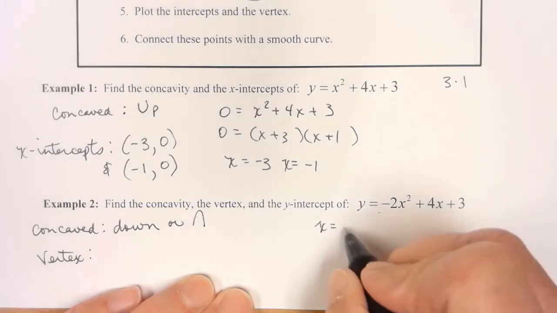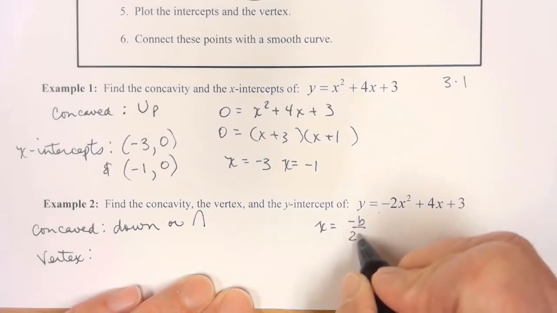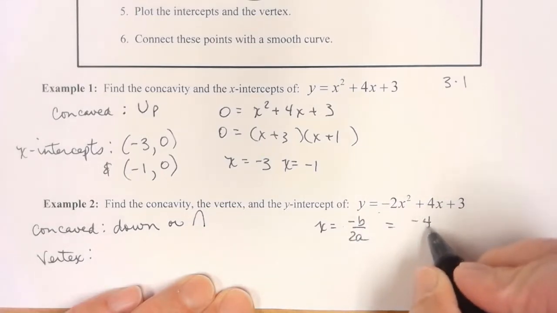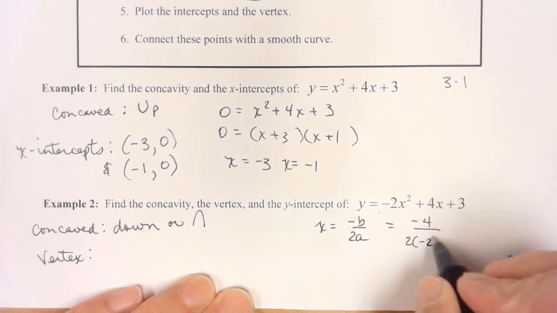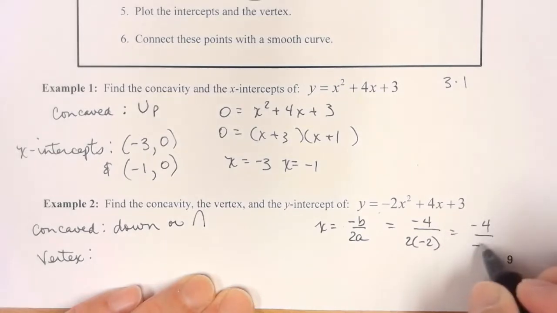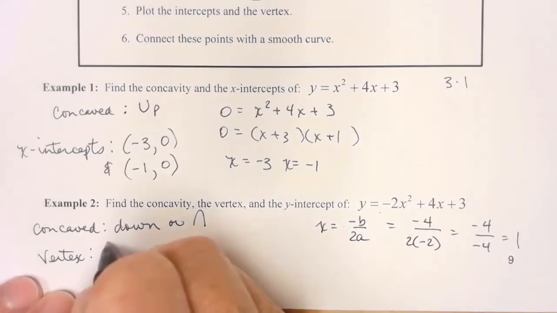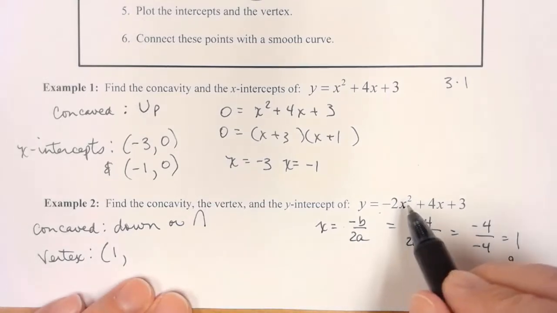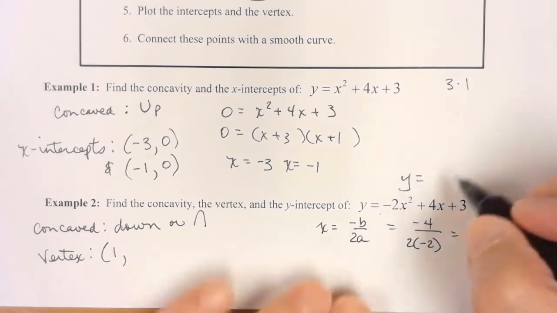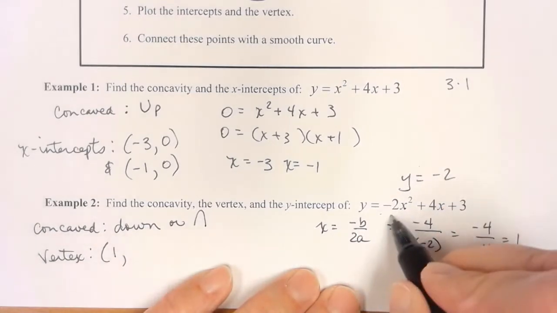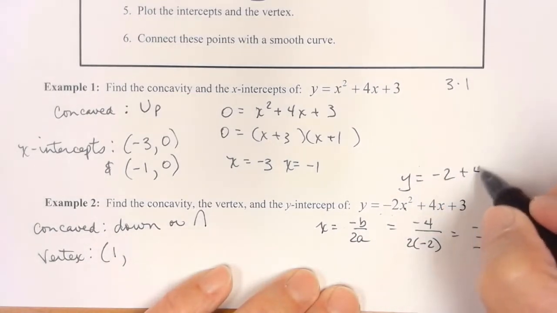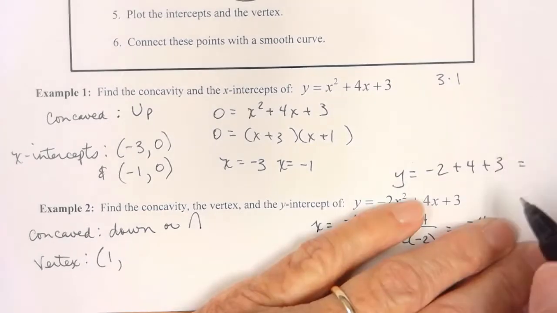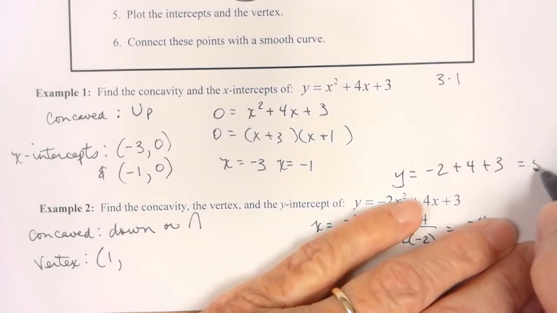X equals -b over 2a. So -4 over 2 times -2. So the x value is 1. I'm supposed to substitute that back in. So y would equal, it'd be with -2, because that would be 1, plus 4, plus 3. That looks like that would be 5.